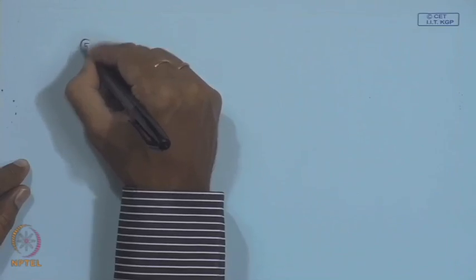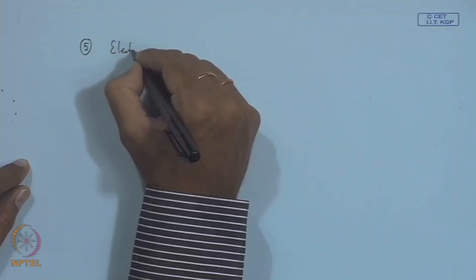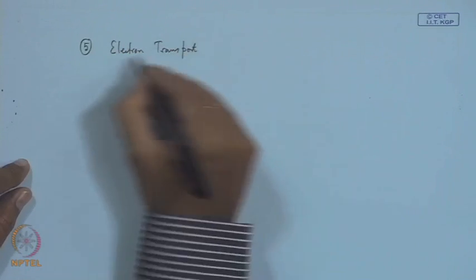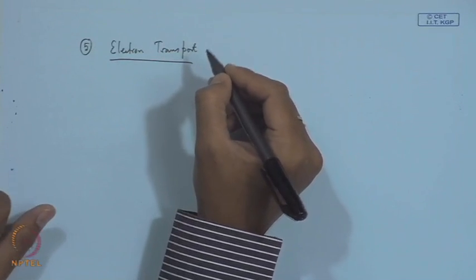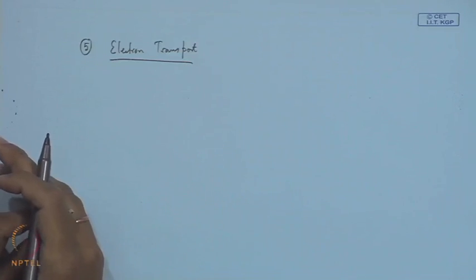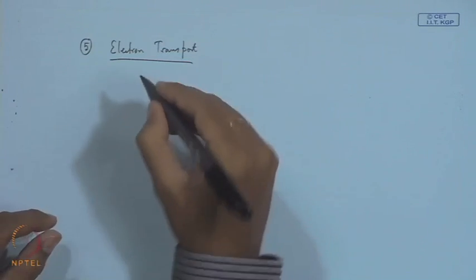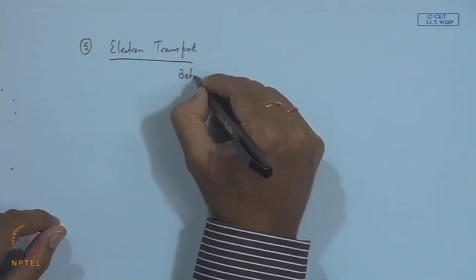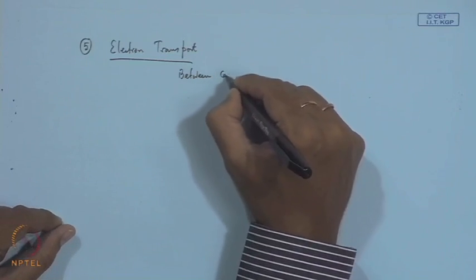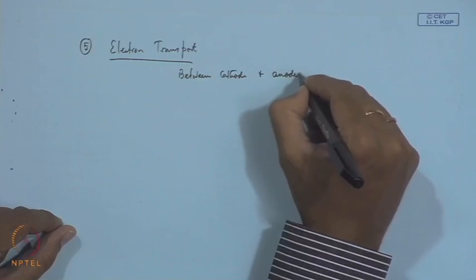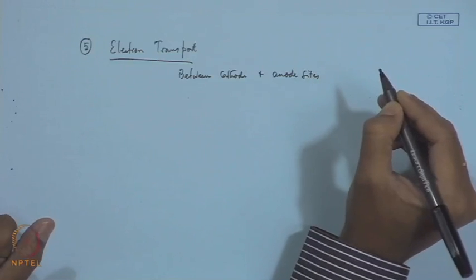Okay. Next is electron transport. There must be a mechanism by which the electrons will be transported between the cathode and anode sides.